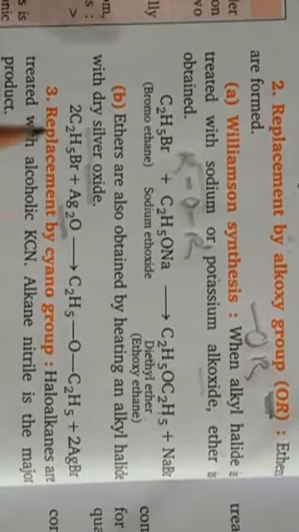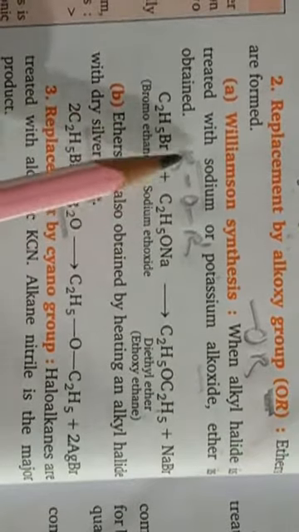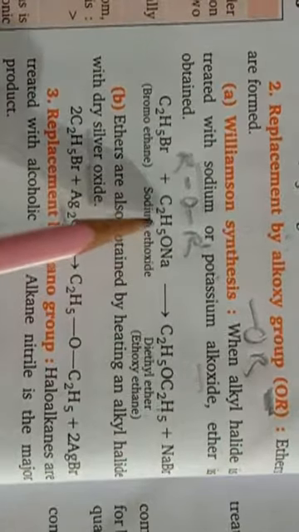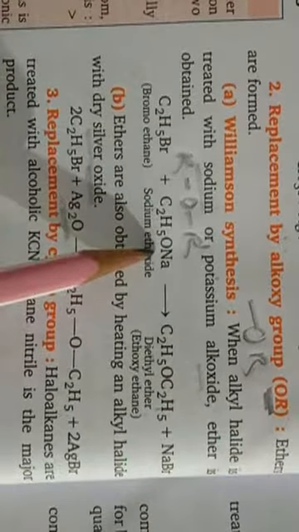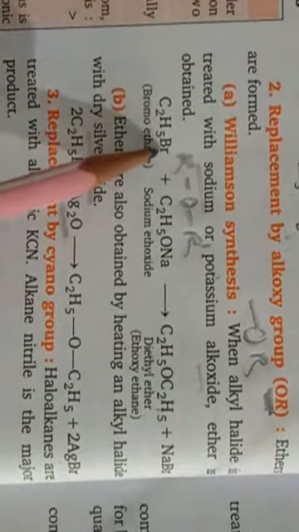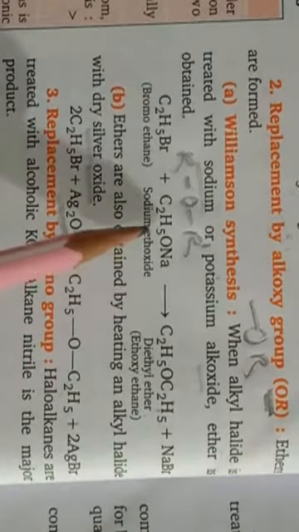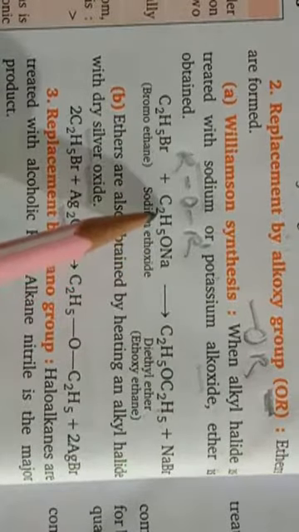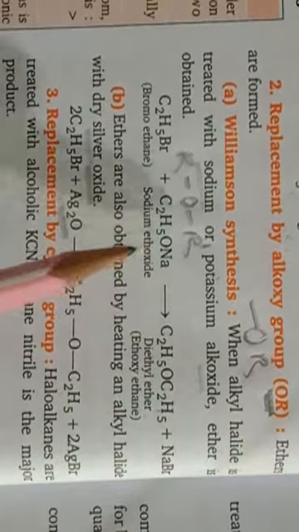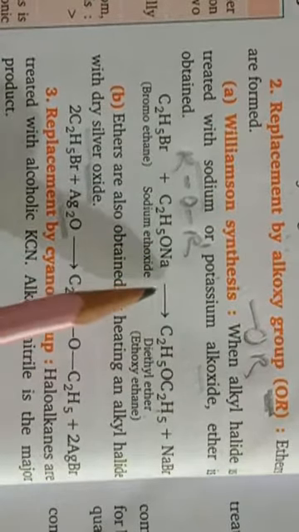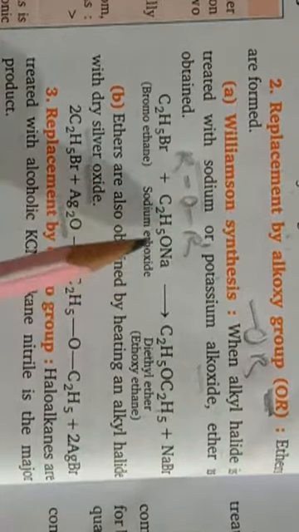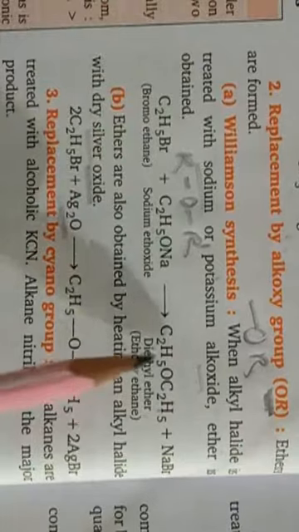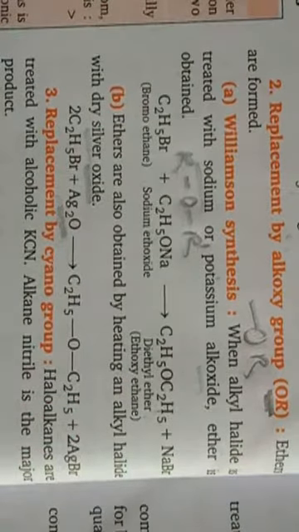For formation of mixed ether, we have to select the appropriate sodium alkoxide. If any alkyl halide is given already, then we will select the appropriate sodium alkoxide, and this selection will depend upon which ether we are going to form. When the related alkoxide reacts with alkyl halide, the related mixed ether will be formed.